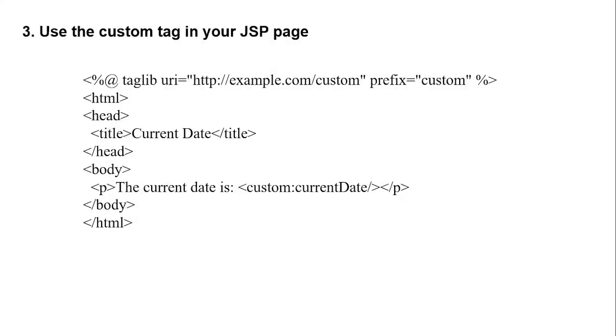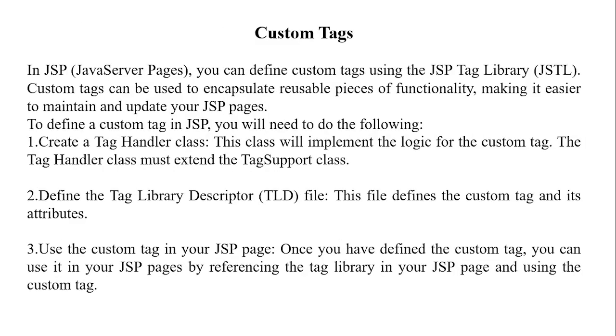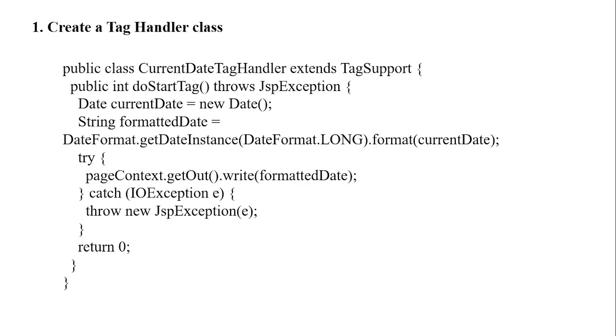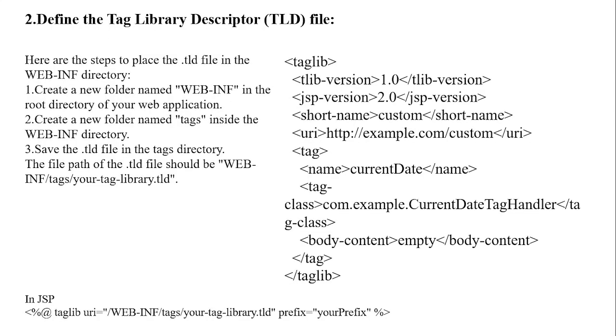So this is how we can easily create a custom tag and implement it in our JSP. So first of all, what we need is one .class file where we write the code for what we want to perform with this tag. After creating that file, we create one .tld file, the tag library descriptor file, and after creating it, place this file in the tags folder inside the WEB-INF folder.